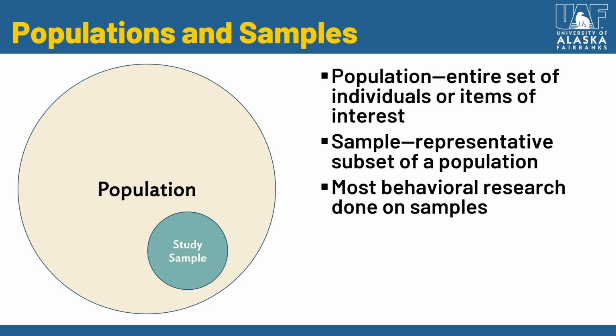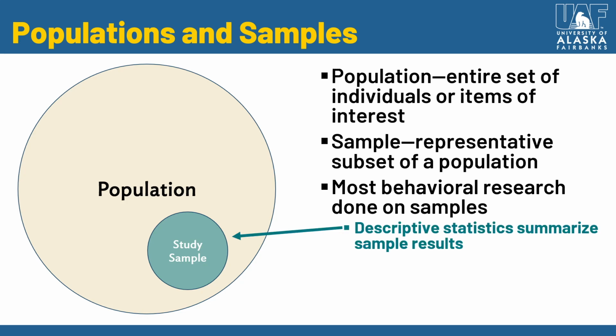Like if I'm doing a study with UAF students, it's going to be really hard for me to actually study all UAF students. And even if we do try to, like say we send out a survey to everyone in the university, realistically, we're not going to hear back from everyone, right? So pretty much always we're working with a sample because we're limited by a lot of factors in trying to access the entire population.